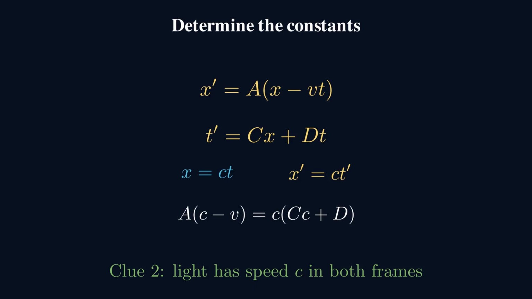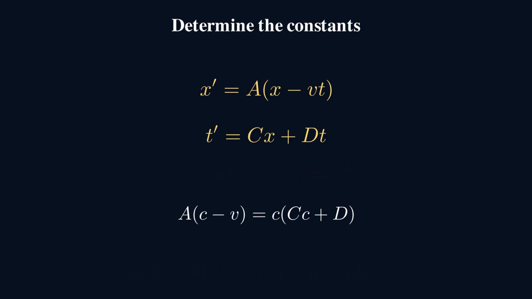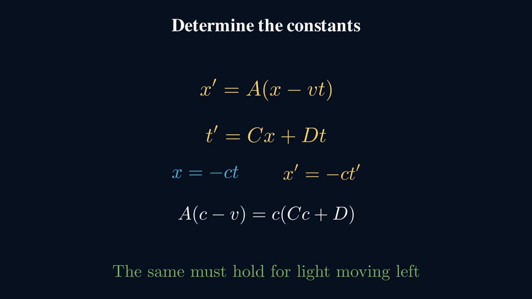Now, the same must hold for light moving to the left. So if we replace c by minus c in this equation, the white equation, that must also hold. So going back to the equation where we haven't cancelled yet the t, we get this equation. And then we can cancel the t and we get this equation here. So both of these hold simultaneously.